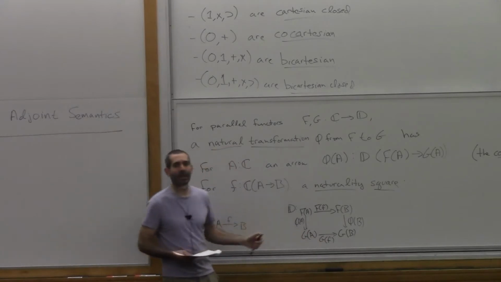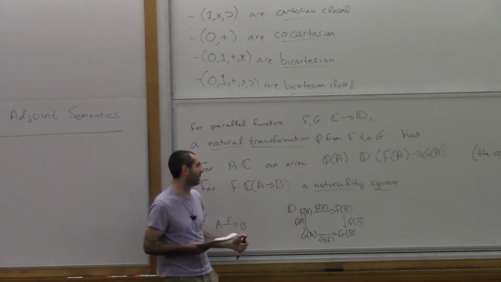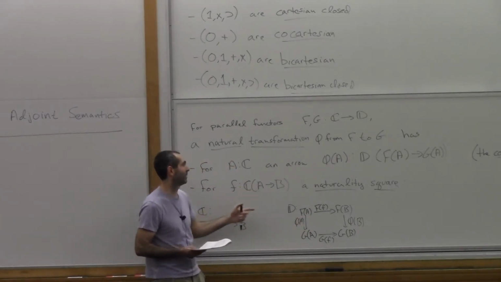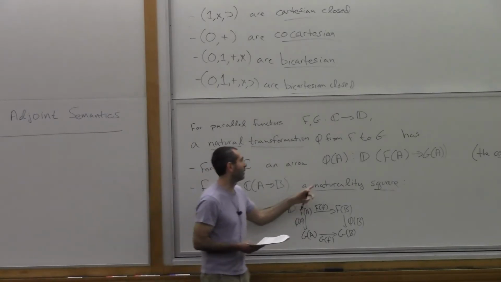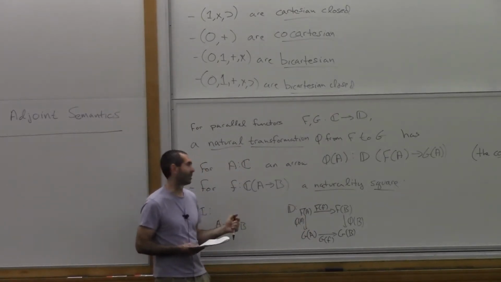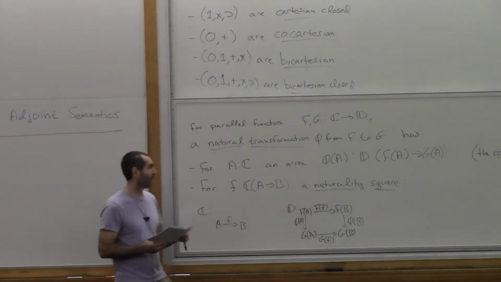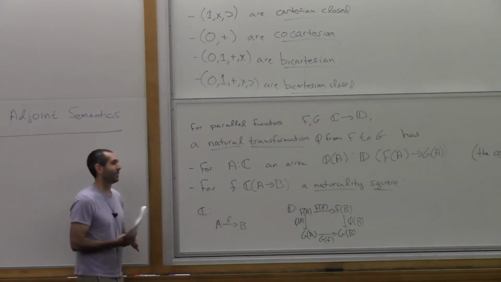But rather than writing it out as an equation, which doesn't give you a lot of intuition into what's going on, I construct it as this inevitable square that must arise if we take the two functor images of this arrow and the two components of the domain and codomain, right? So we can ask logically, what do we know about this square? And the answer is that it has to commute.